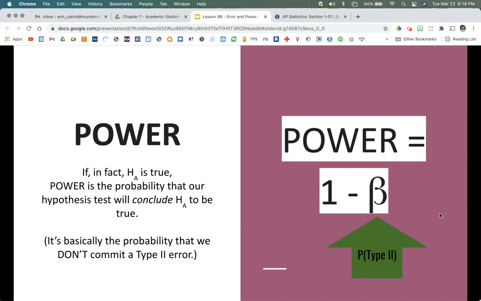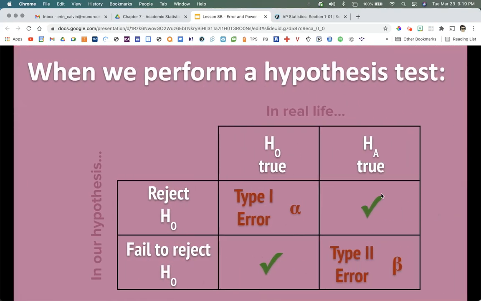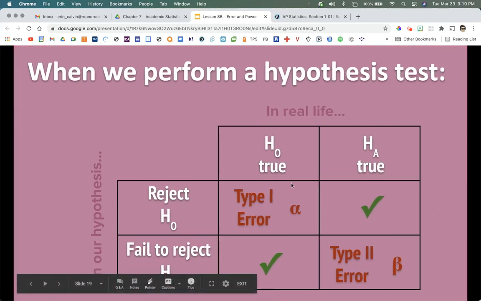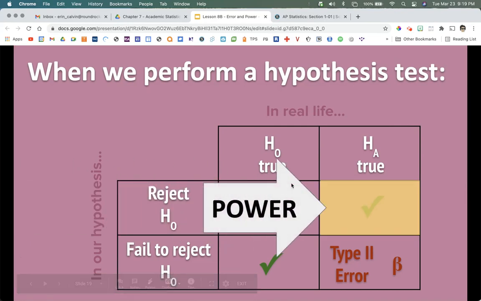There have been situations where, on the last question of the test, the extra thinky question of the AP exam, they threw that in there. But generally speaking, it's not something that we cover, so I don't want you to worry too much about that. Just know, if you know beta, then you can figure out power, and if you know power, then you can figure out beta.